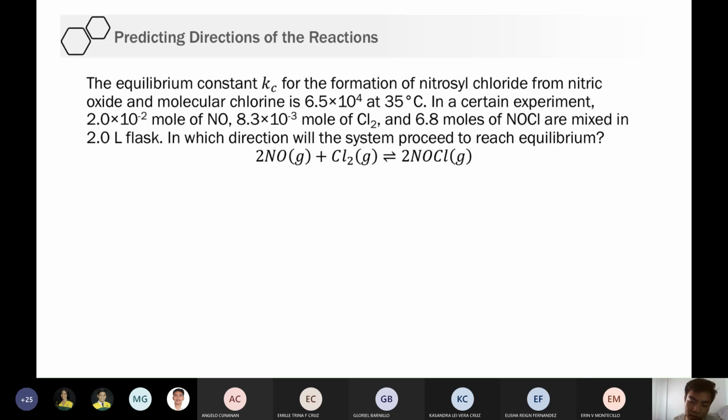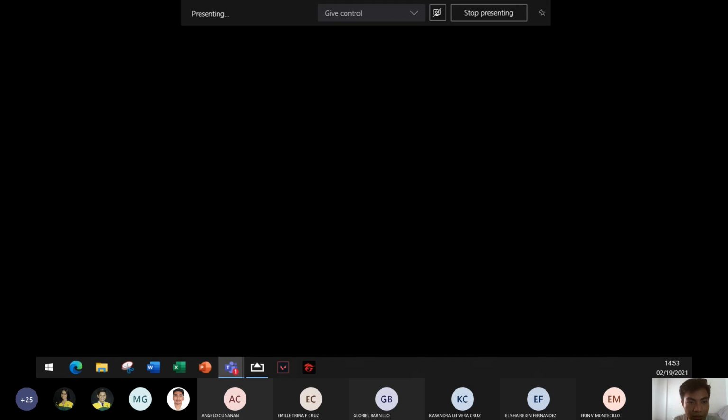The equilibrium constant Kc for the formation of nitrosyl chloride from nitric oxide and molecular chlorine is 6.5 times 10 raised to 4 at 35 degrees Celsius.